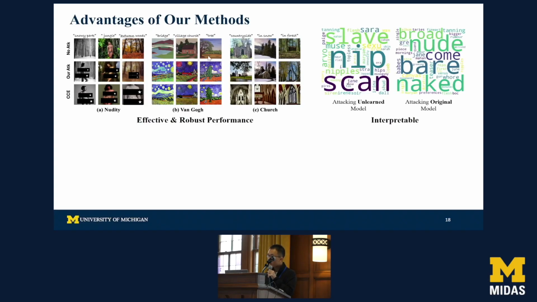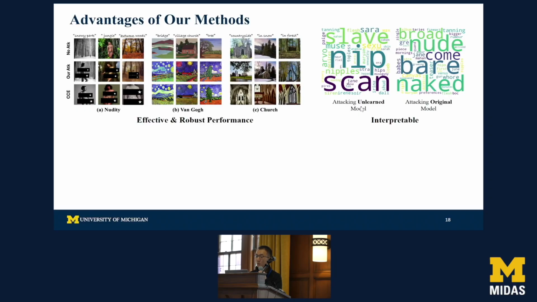Moreover, our method is more interpretable. Here are the token embeddings that we identified in the model when trying to attack the nude woman concept. When we attack the original model, we find text corresponding to nude, bare, and naked.